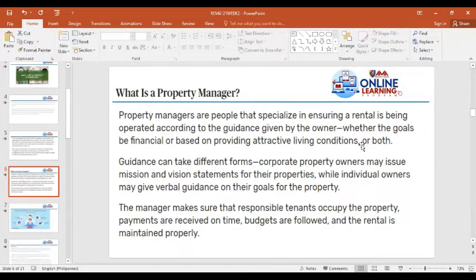Okay, so with this kind of task, the property manager makes sure that the tenants are responsible for the monthly payments, and they have to make sure that the payment is on time. You also oversee that the property or the rental is maintained.